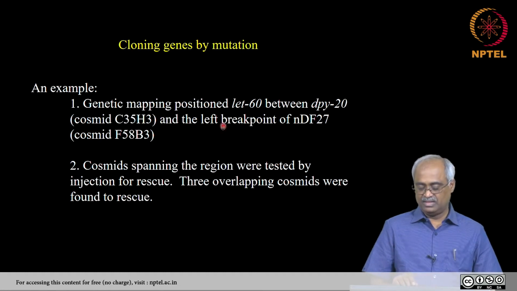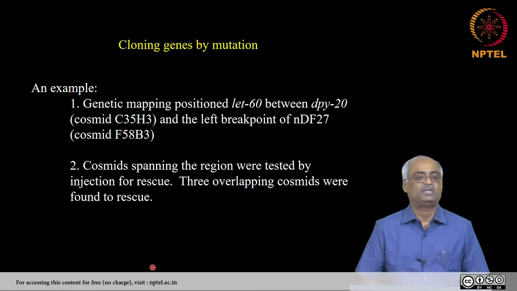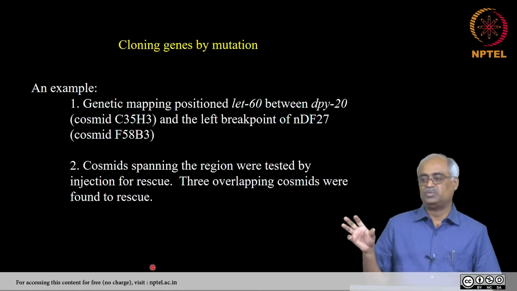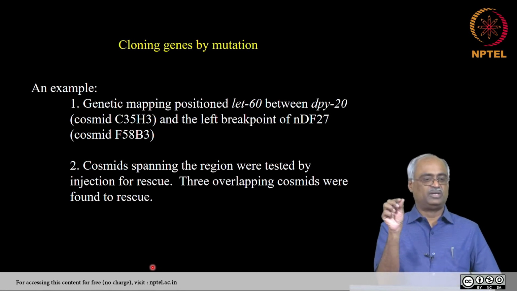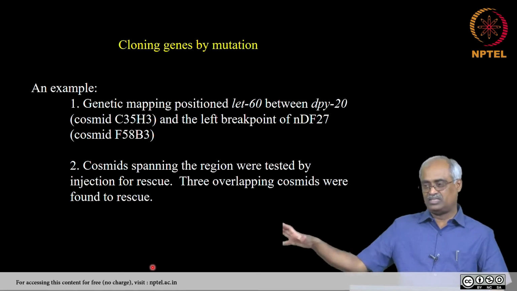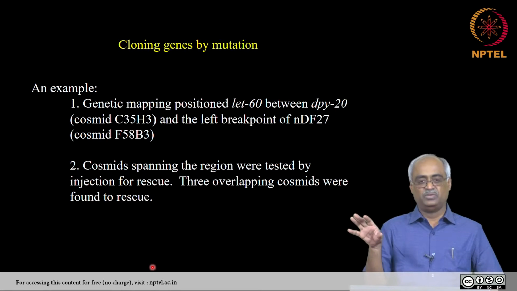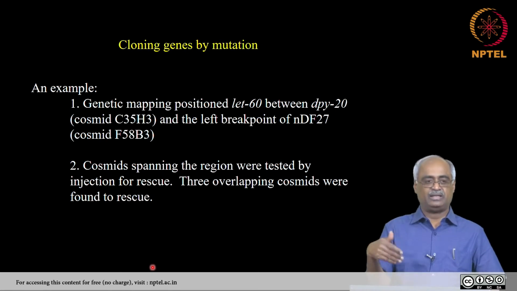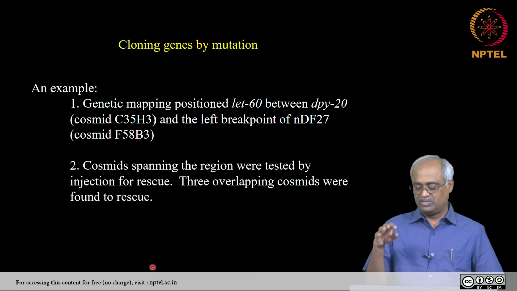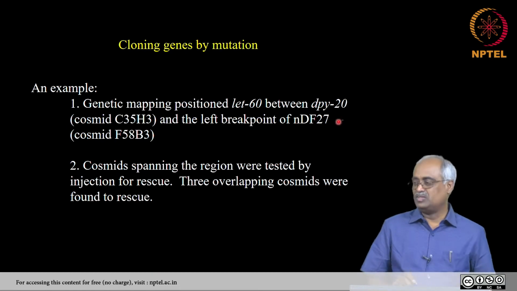And the left break point of, okay, so this is a deficiency. Deficiency means larger deletions of chromosomes instead of point mutations or a few hundred base pair deletions. These are often used to determine whether an allele that you got is a null allele or not. So that we will deal with if we ever need to get into it. For now, all you need to know is treat this as another known gene.